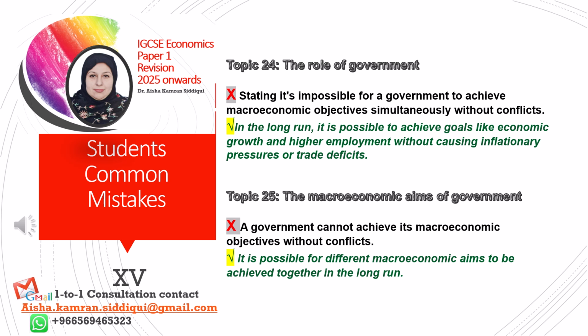Moving on to topic number 25, the macroeconomic aims of the government. Here, a government cannot achieve its macroeconomic objective without conflict is incorrect. Students must note that it is possible for different macroeconomic aims to be achieved together in the long run.